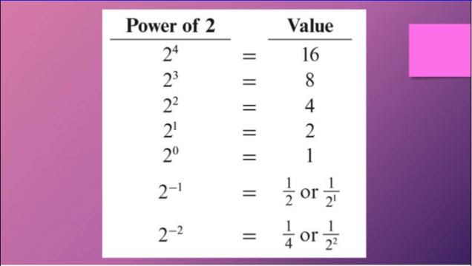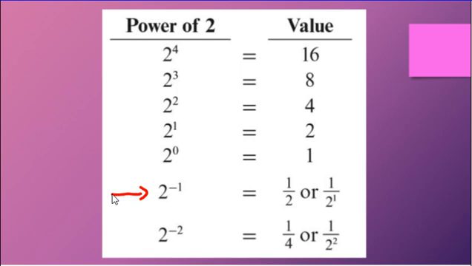Now look what happens when we have a negative exponent. When you have a negative exponent, your answer is never simplified until you make that exponent positive. And to make it positive, we would have to do the reciprocal of the base. So the reciprocal of 2 is half.